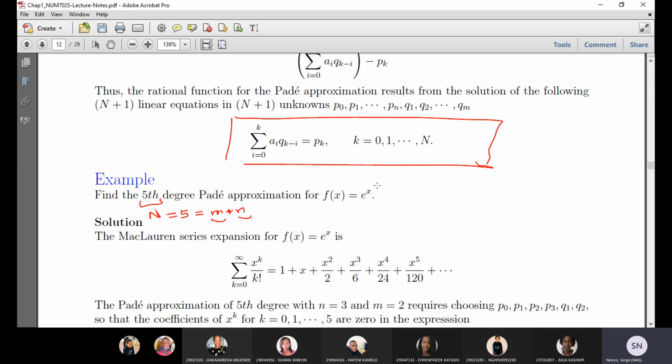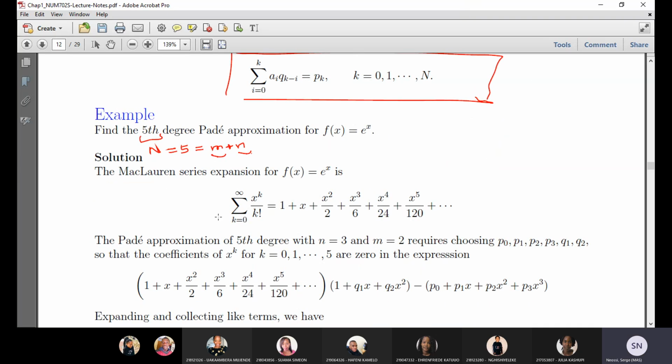When you write your Maclaurin expansion, you don't need to exceed 5 because this is the 5th degree. You stop at x to the power 5, but you put the dash to say that it's an expansion. But you will need to know the coefficients A0, A1, A2, A3, A4, up to A5.